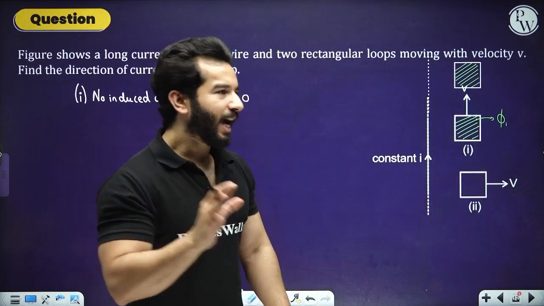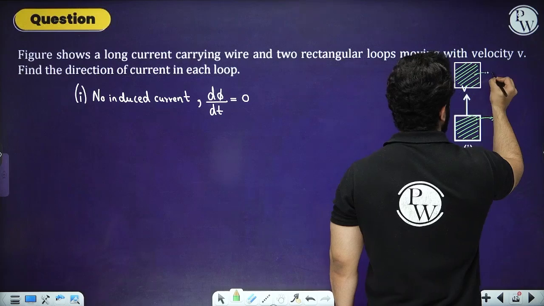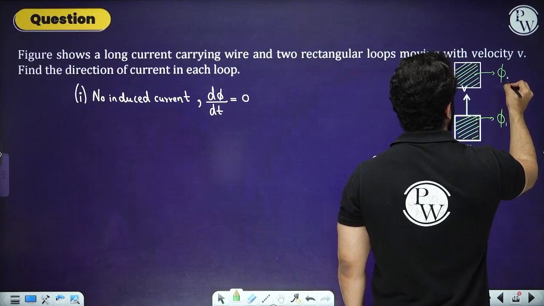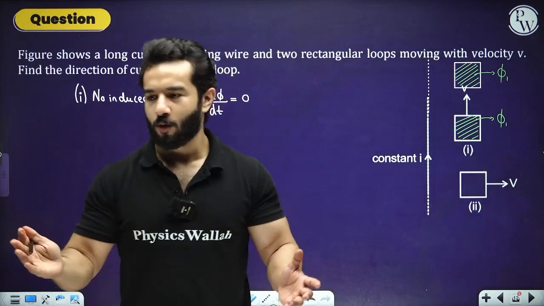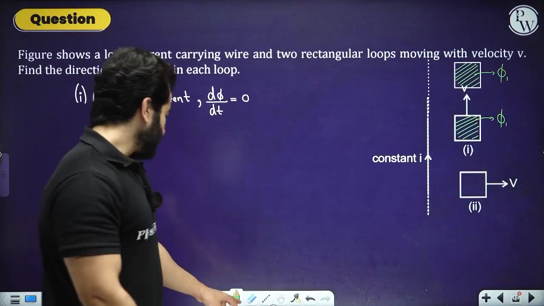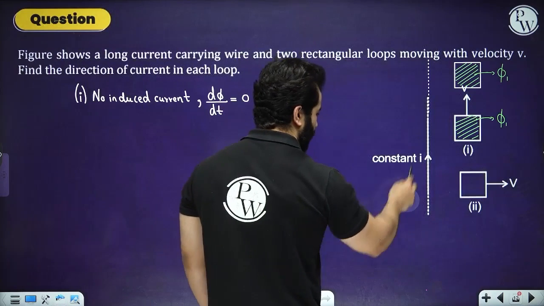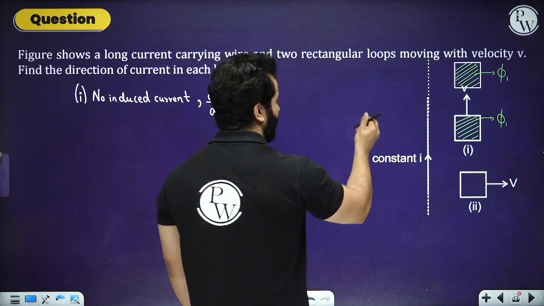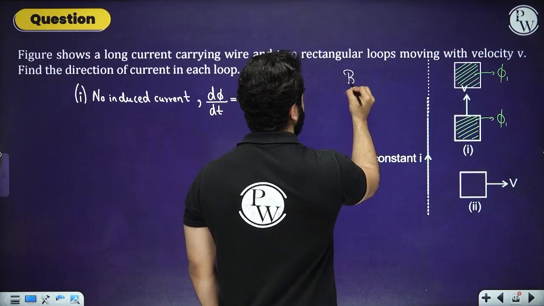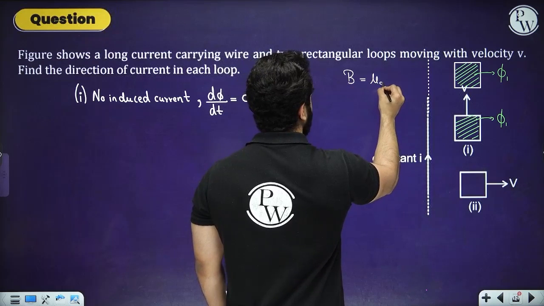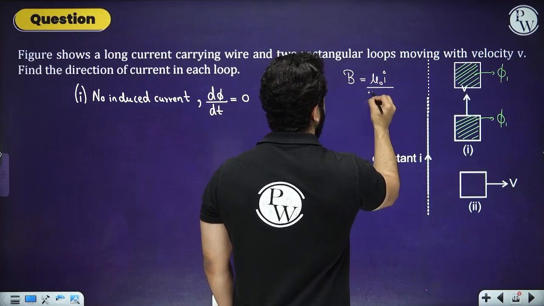But still, I can say that, sir, at this point also the magnetic flux is the same, phi 1. I've got no problem, fine. Because if you are talking about an infinite current carrying wire, the magnetic field is given as mu naught I upon 2 pi r.